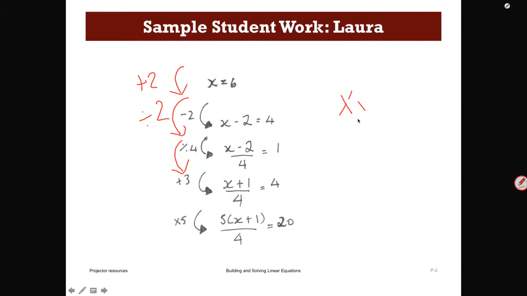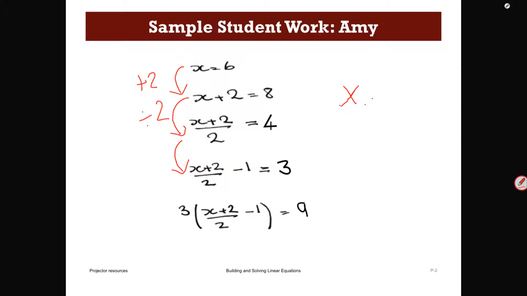What she didn't do, which would have been wrong if she did this, she didn't go like this. I'll go back. Sorry. PowerPoint's very sensitive on the smart board. So she didn't do that. That would have been wrong.